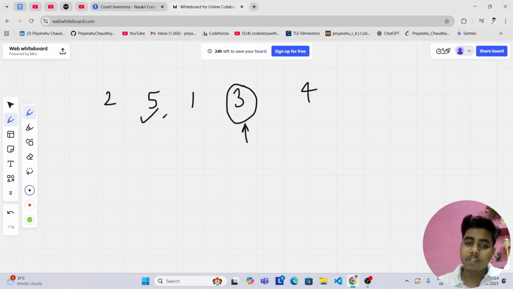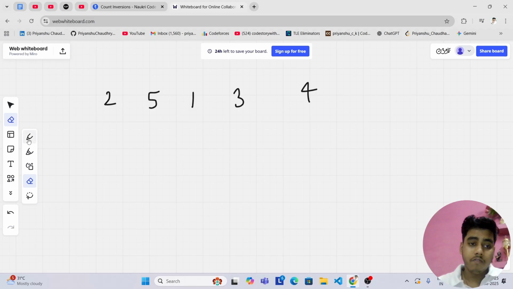Yes, 5 is greater than 3. So for each current element, we have to check all the elements before it that are greater than it. If we are standing here at 2, we need to check all the elements before 2 that are greater than 2, that is 0.